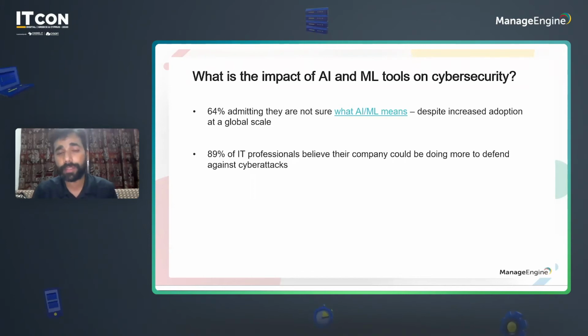I've hyperlinked one link from Webroot, or OpenText, one of the leading threat intelligence companies, and they say this is an amazing article. Despite increased adoption at a global scale, 64% of people still admit they are not sure about what AI and ML mean, right? I appreciate such answers because they are at least giving a statement of what they feel.